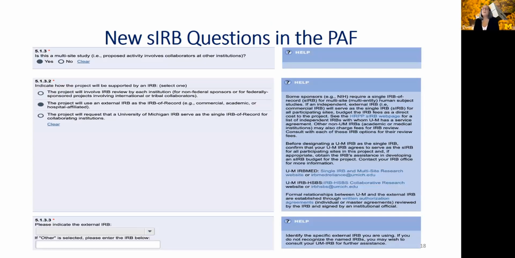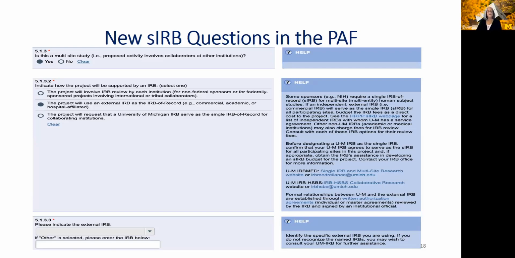So in order to make sure that PIs and study teams are aware of this issue during the proposal preparation process, some additional questions have been added to the PATH, and I believe those will be released on September 14th. This will appear in section 5, which I believe is called the research activity section.